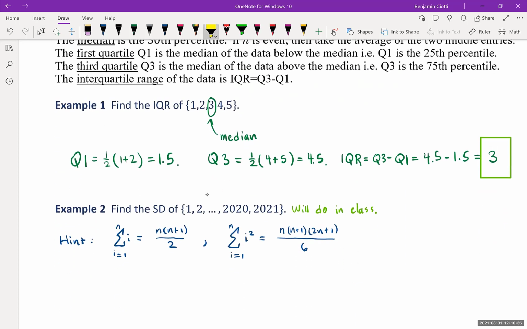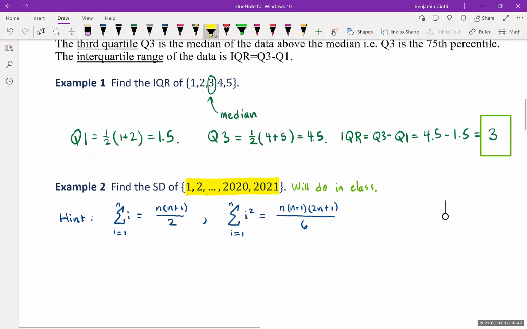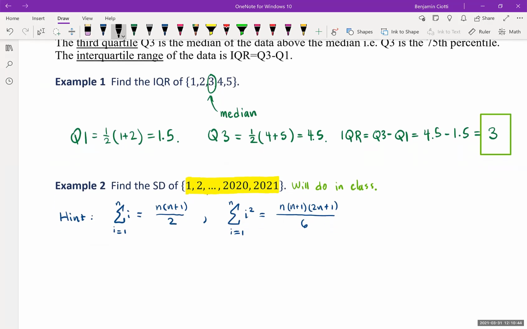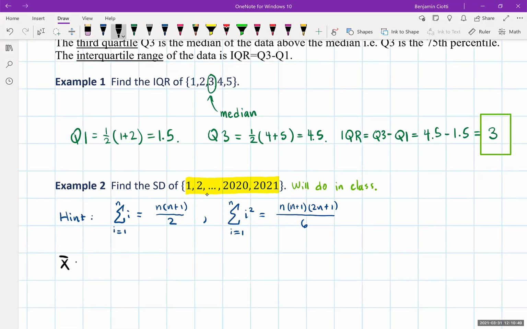Can anyone guess what the mean of this sequence should be? Like just by looking at it, even without doing calculation? James? 1010? Okay, yeah, because that's like right in the middle. It's kind of a symmetric structured sequence. So that's a good guess.